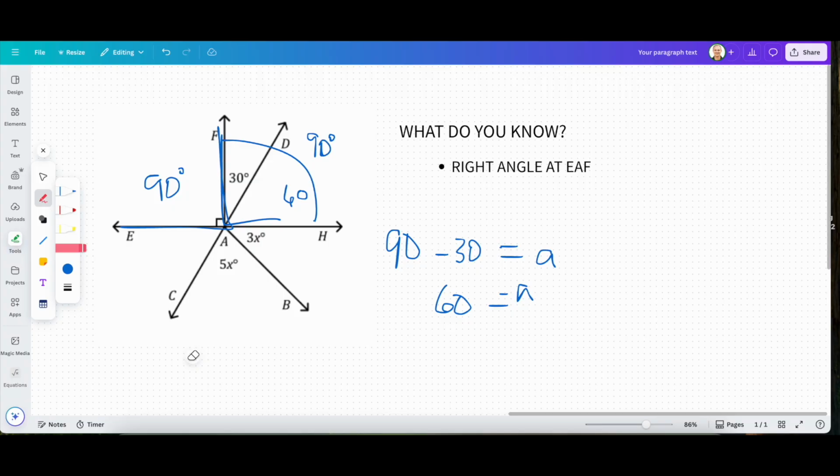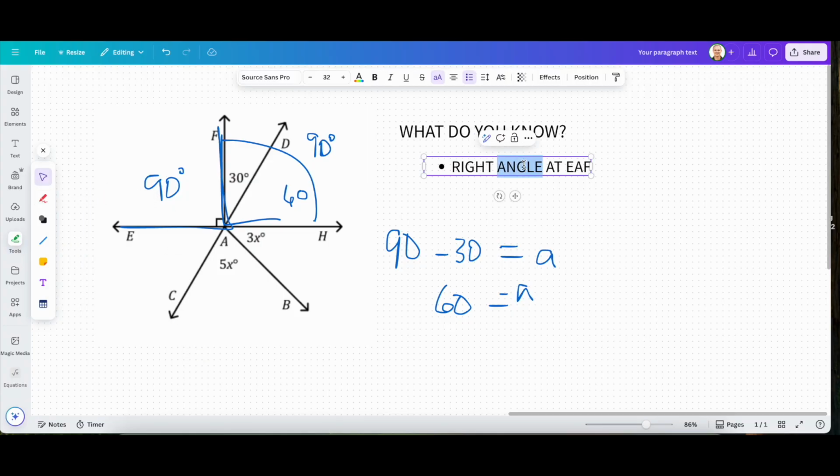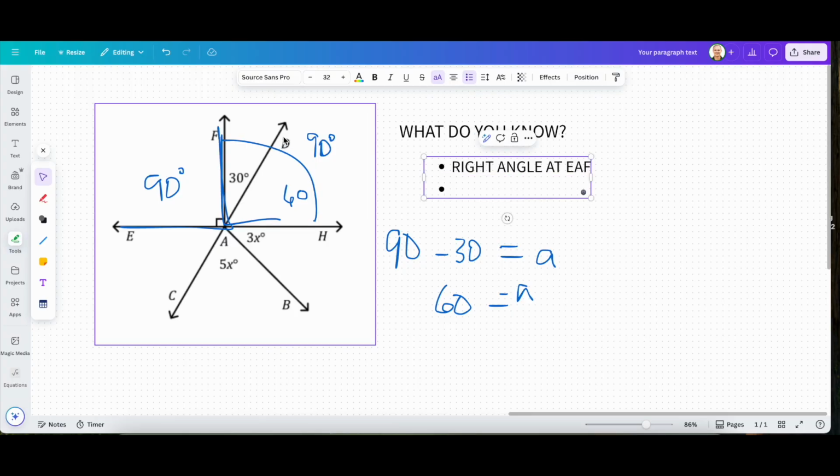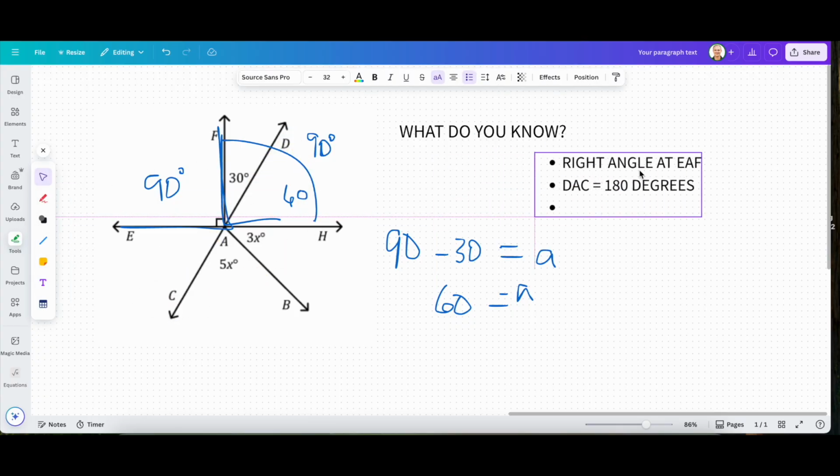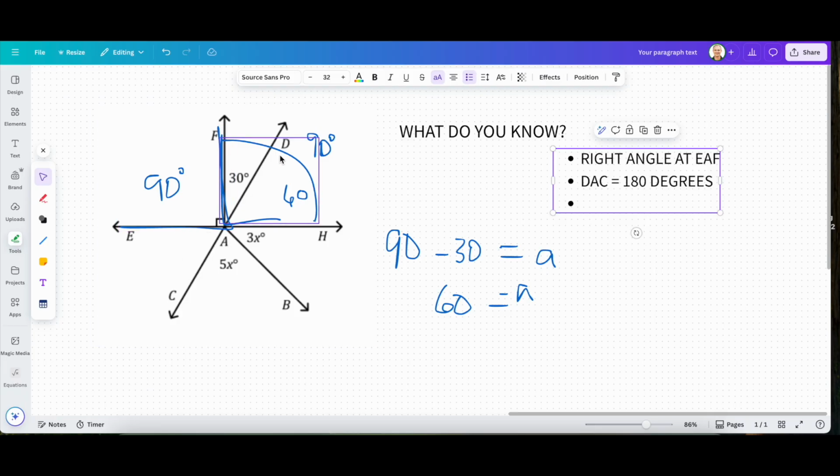Okay, now what else do we know? Well, we know that angle DAC is 180 degrees. So we know that.